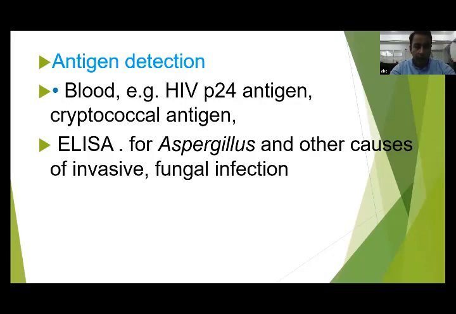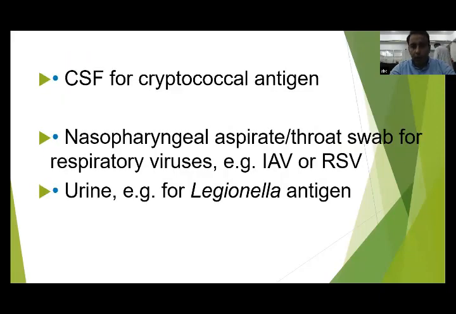Even urine for Legionella antigen, CSF for cryptococcal antigen, nasopharyngeal aspirate and throat swab for the respiratory syncytial virus and coronavirus infections. So first we discussed the cultures, and then these specific investigations.